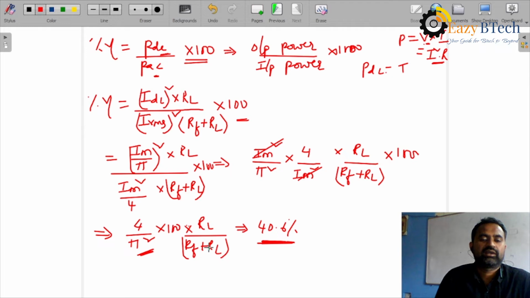If you calculate the value, the efficiency of half wave rectifier is this numeral of 4 by pi square. Pi you may take 3.14. By substituting that, you will get the value of percentage of efficiency.